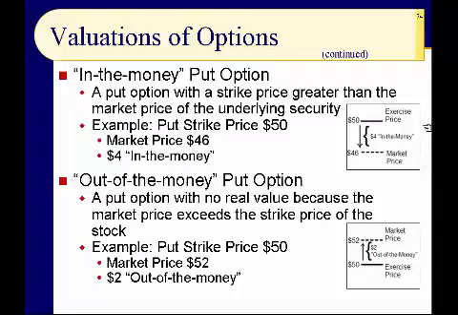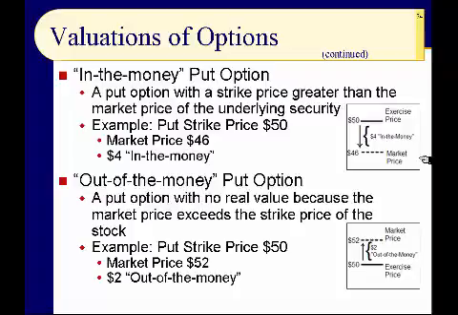If you can put this stock for $50 to somebody, you're the person who bought the put option, and the market price is $46, what a deal. I can sell something for $50 that is currently priced at $46. So my option would be $4 in the money.